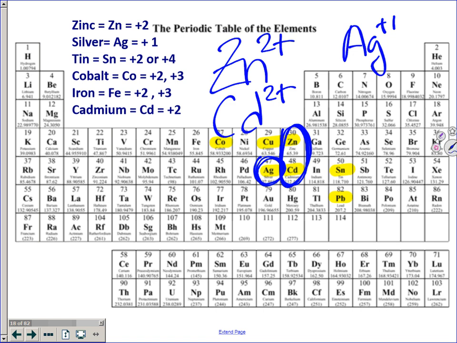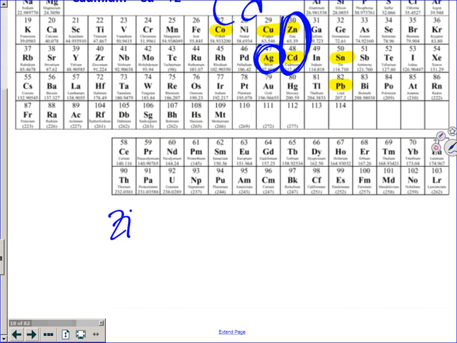Okay? Good? If I ever say something like, I'll give you an example. Zinc iodide. Notice what I did not put in the middle? A charge, because do I have to? You know it's 2+. So if I say zinc iodide, what's the charge of zinc? 2+.